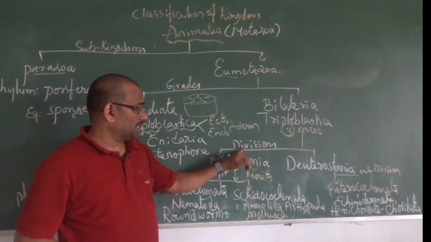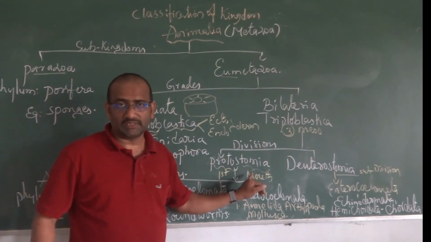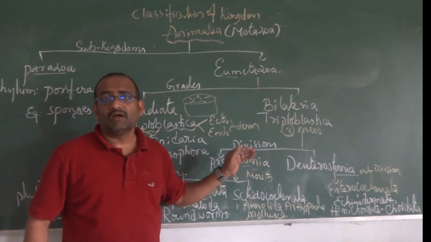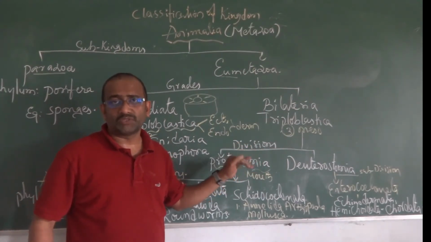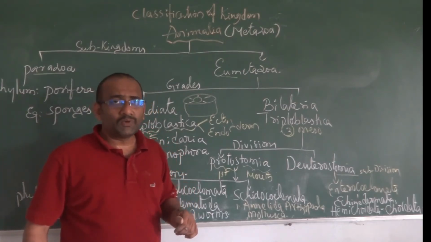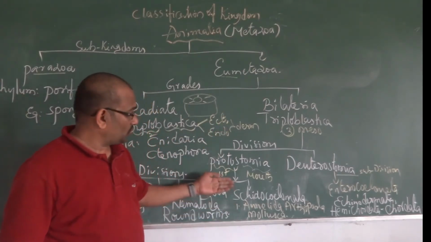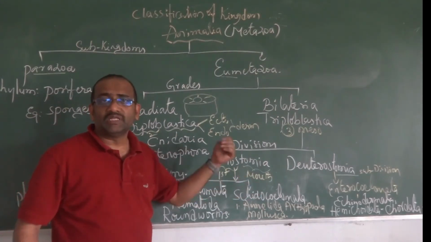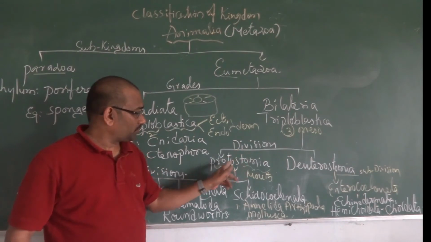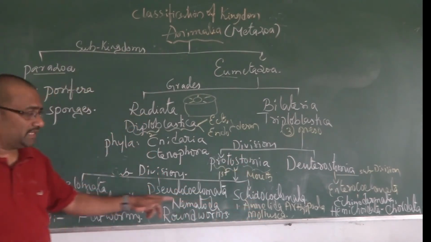Those animals are known as Protostomia animals. In the gastrula stage, the hole present in the embryo is called the blastopore. In the future, the blastopore is modified into the mouth. Those animals are known as Protostomia animals.